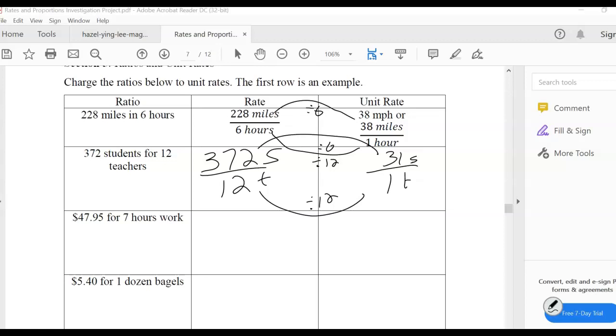It says $5.40 for 1 dozen bagels. What does 1 dozen represent? Chloe? Good. So I want you to cross out 1 dozen, and write 12 bagels and use that. Okay? So go ahead and answer these 2 questions. Whenever you are done, sit down, keep your feet up, and relax until we go over.